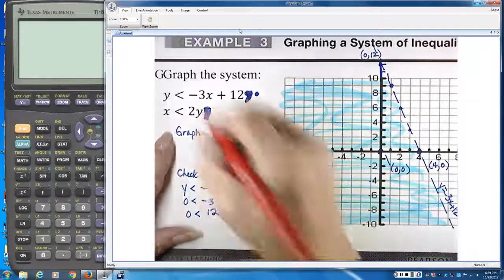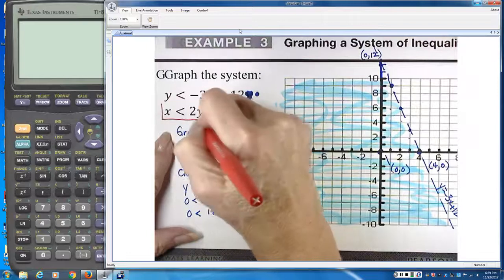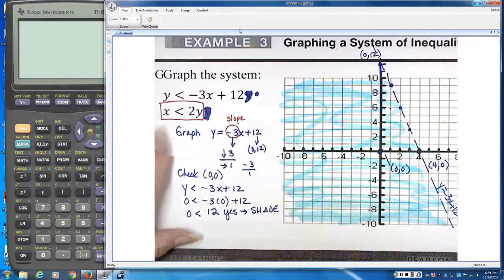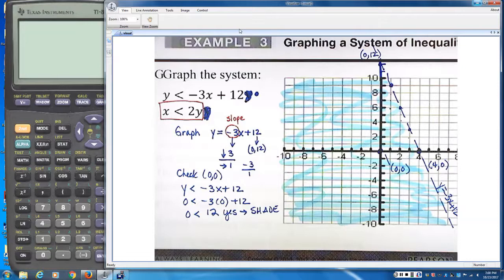Okay, now I need to graph x is less than 2y. Now there's several different ways I can do that one too. But the bad news is I can't do it by finding x and y intercepts.